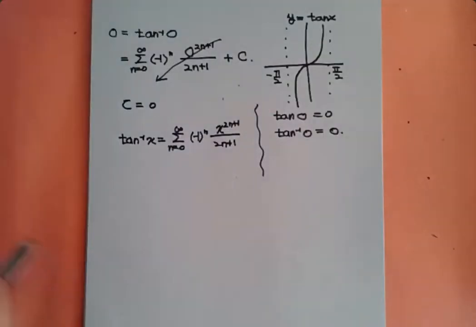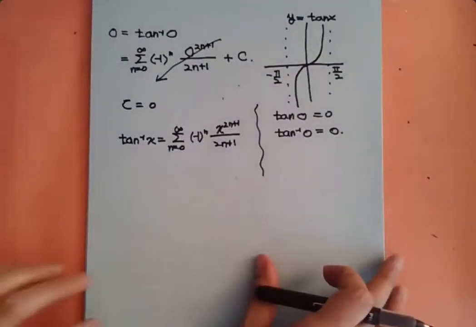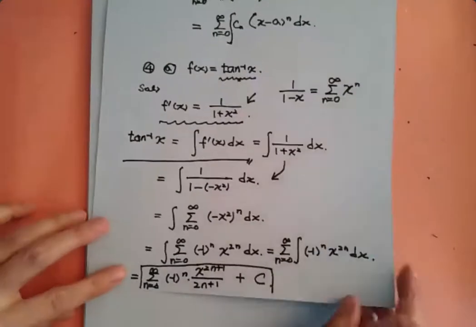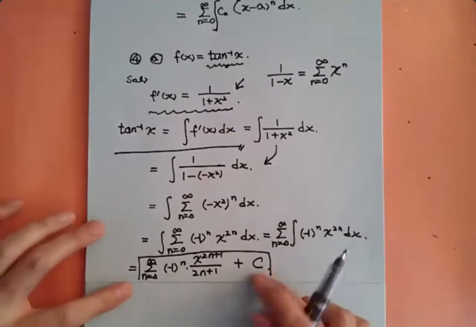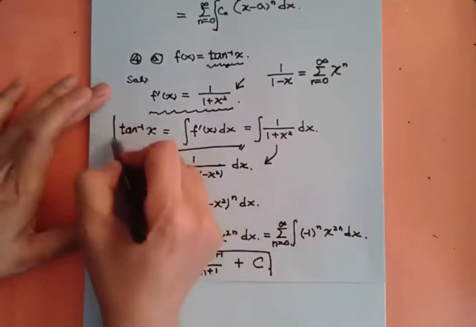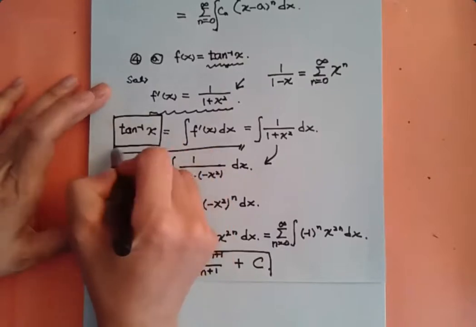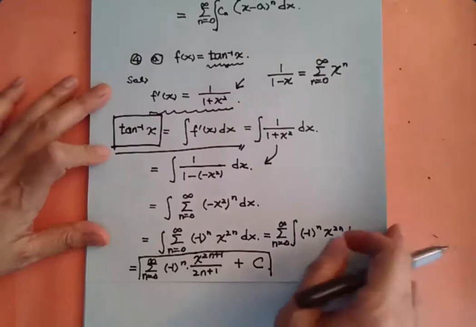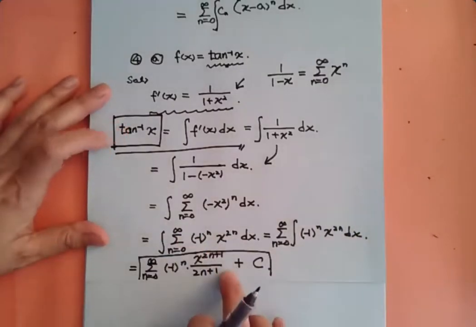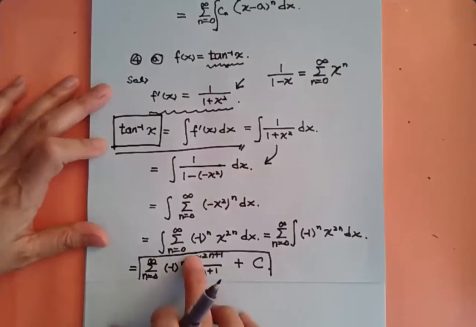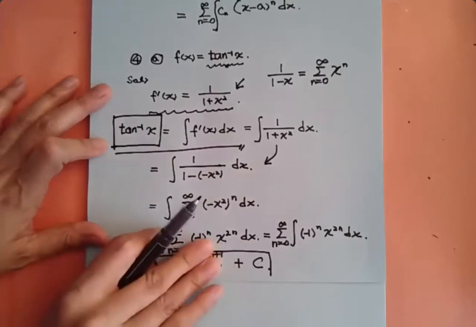So let's move on. Did you find what C was? Or did you just leave it as C? So I did. Well, plus C, right? So what I did was tangent inverse of 0 equals 0, right? And that equals this part, right? And if I plug that 0 into here, then this part will vanish.